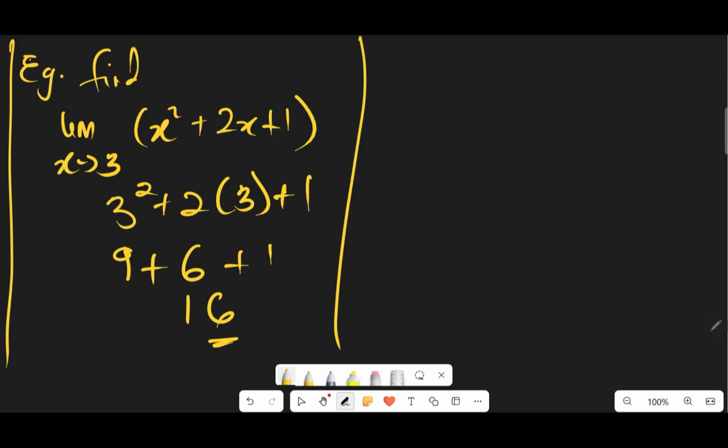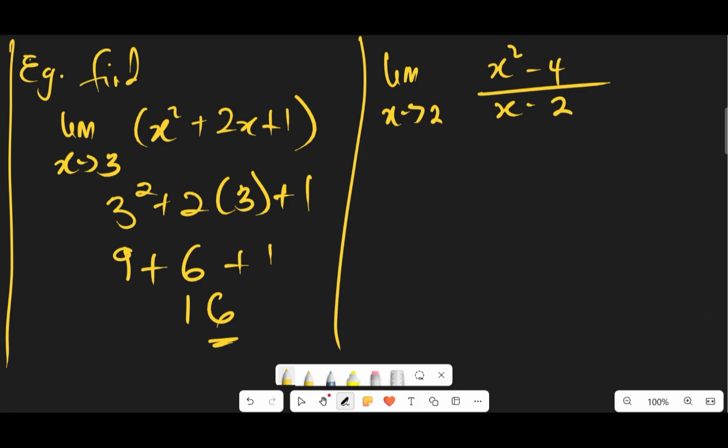Let's take another example. If we have the limit as x approaches 2 of x squared minus 4 all over x minus 2. We are saying x is approaching what? x is approaching 2.